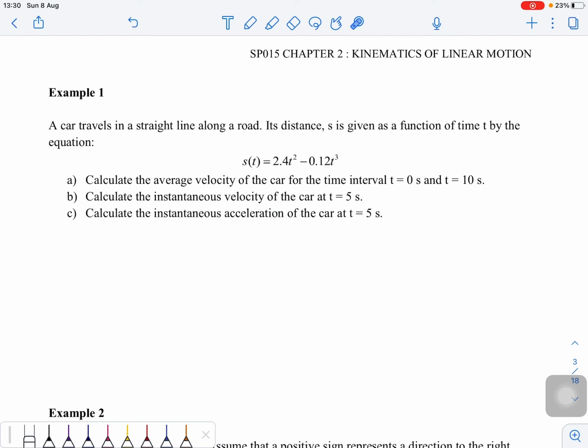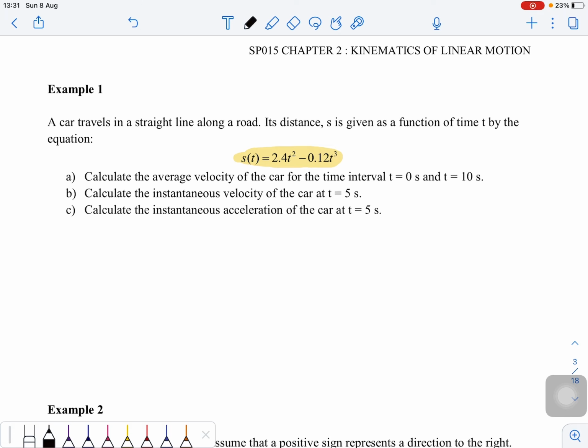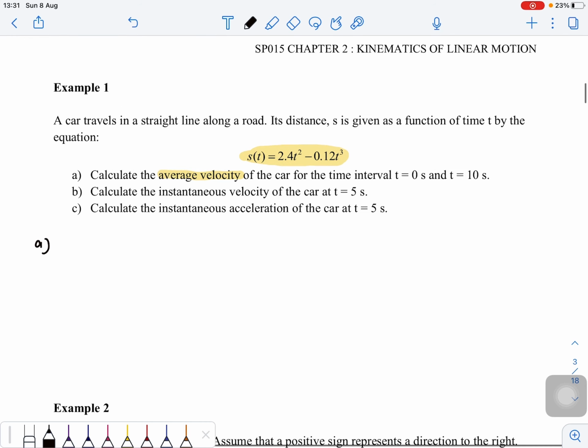Okay, so we are given the equation here. Equation dekat sini dia bagi as a function of time. So ni adalah equation untuk distance ataupun displacement because s here. Okay, so first of all we want to find the average velocity. Average velocity, okay, V average.